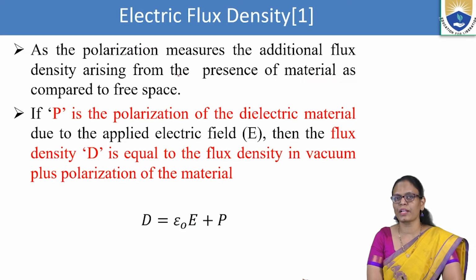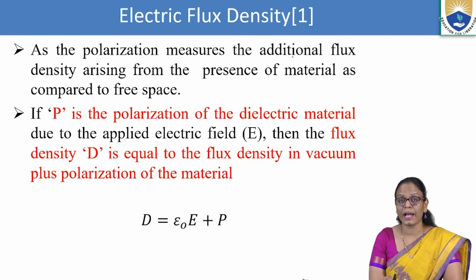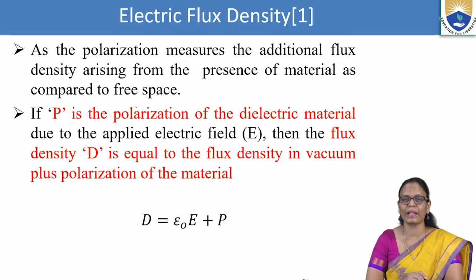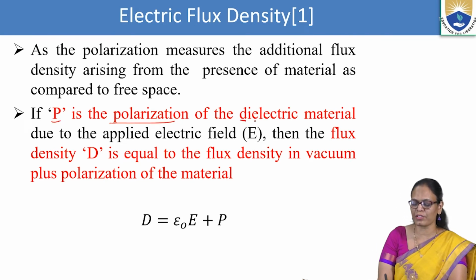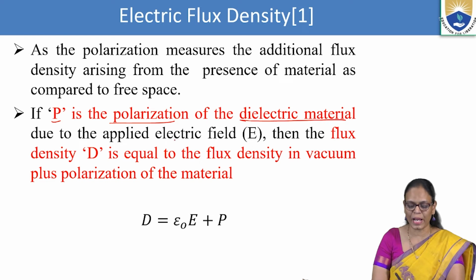Now, polarization means the additional flux density arising from the presence of a material as compared to free space. We consider P as the polarization of the dielectric material due to the applied field.